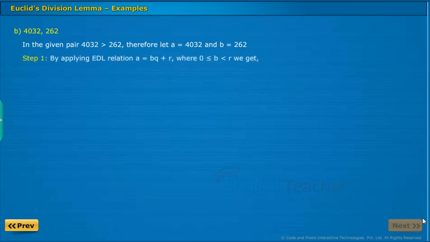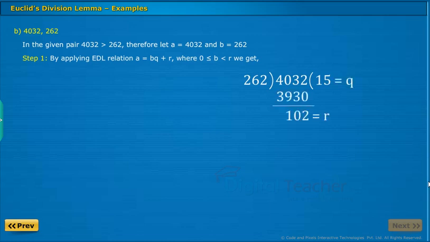By applying EDL relation a equal to bq plus r, where 0 less than or equal to r less than b, we get as shown. So, 4032 is equal to 262 into 15 plus 102. As r equal to 102, which is in turn not equal to 0.